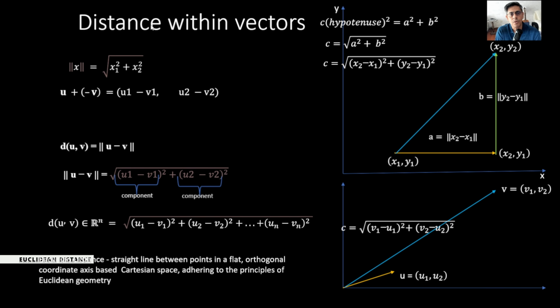This distance is called the Euclidean distance because it is nothing but a straight line distance between points in a flat orthogonal coordinate axis or a Cartesian space. They are flat, they are straight lines, so easy to understand. But in a very high dimensional space, this may not be a very accurate representation of distance.